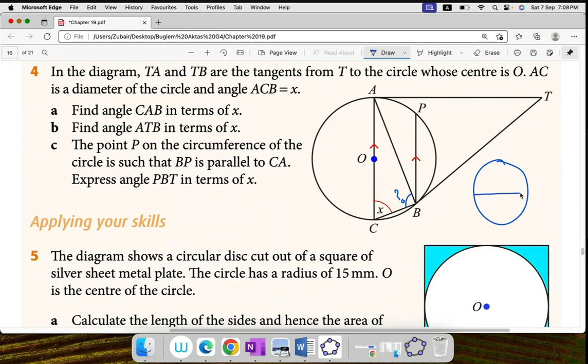If I just show you like this, this is 180 and this is 90. So CBA would be 90. CBA is 90, angle subtended on diameter.